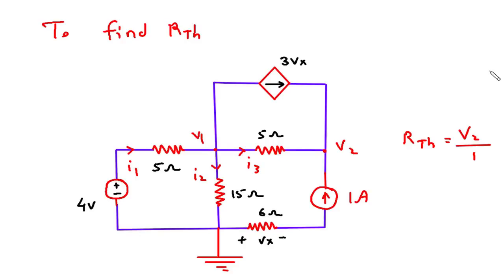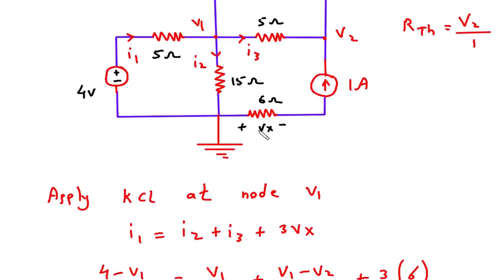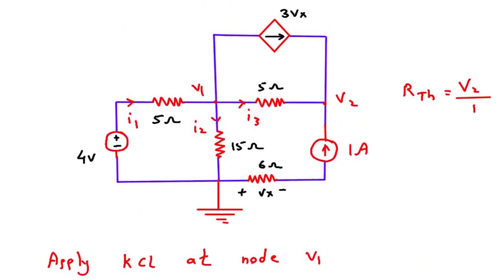Now this 3Vx will be 3 into Vx. Now Vx is equal to 6 into 1, so it is 6 volt. Plus I3, and I3 is V1 minus V2 by 5.